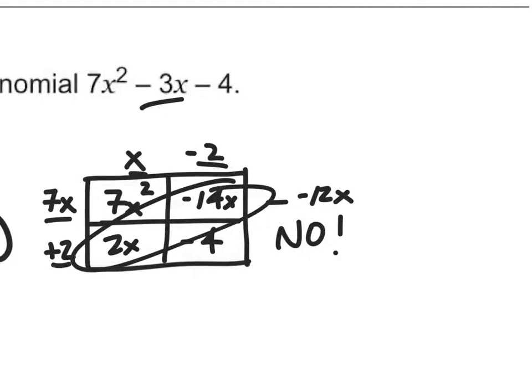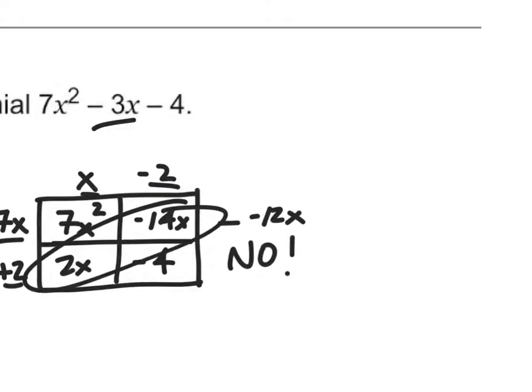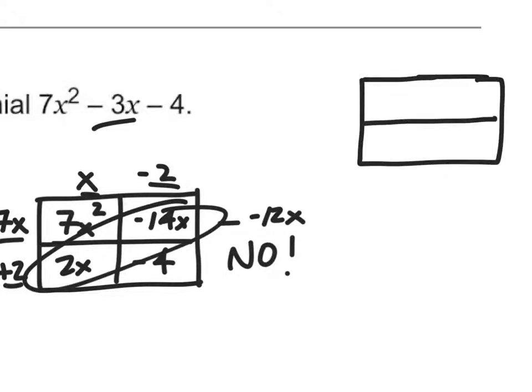All right, let's do another box method. Let me draw another box here, and put the 7x squared there and the negative 4 there. Do the same thing: put the 7x here and the x. Now let's use 1 and 4.